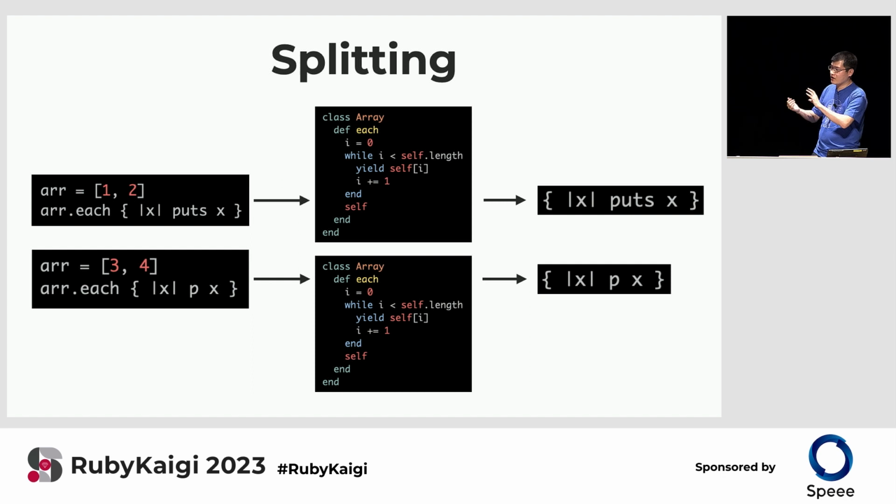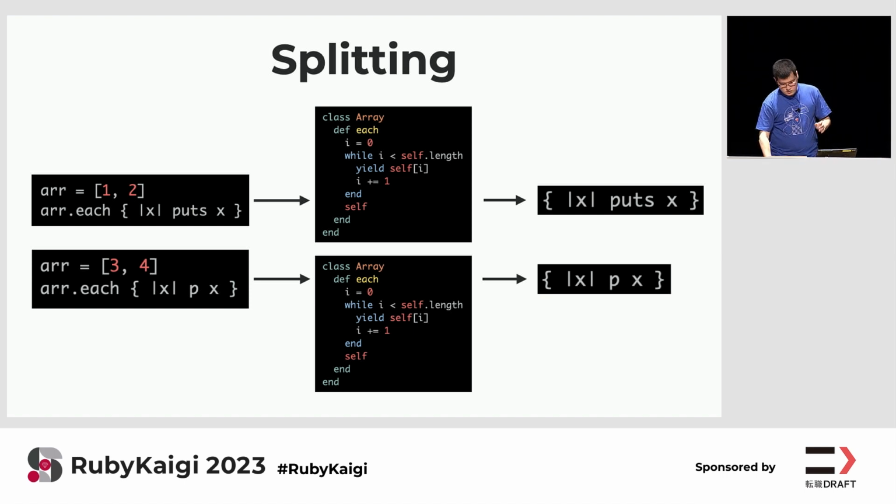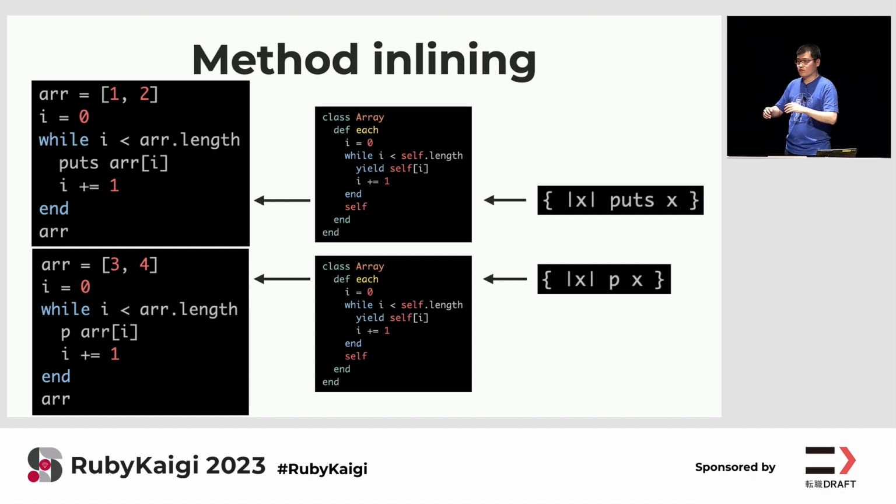And so if you duplicate the array each and the block inside the code by the array each, then you could stop checking the multiple method entries in the place of the yield. And it also allows you to do something like method inlining. So if you inline those kinds of stuff, the code could be something like the left side, and then you could do the optimization, which is not possible if that is not inlined.